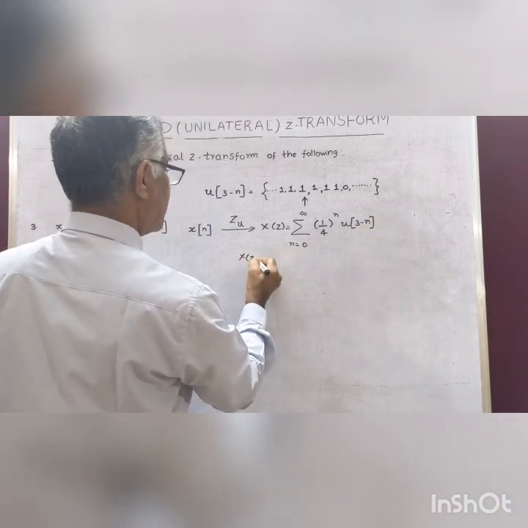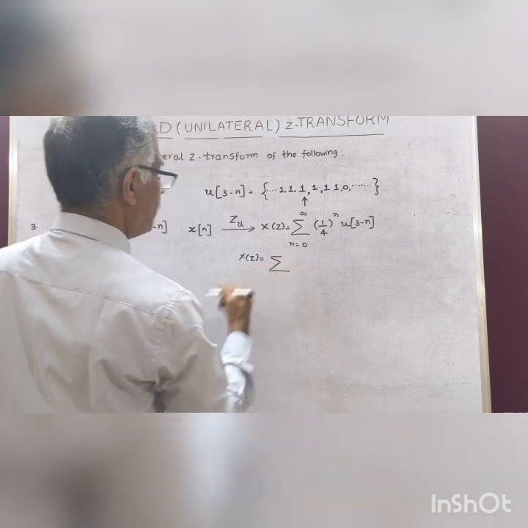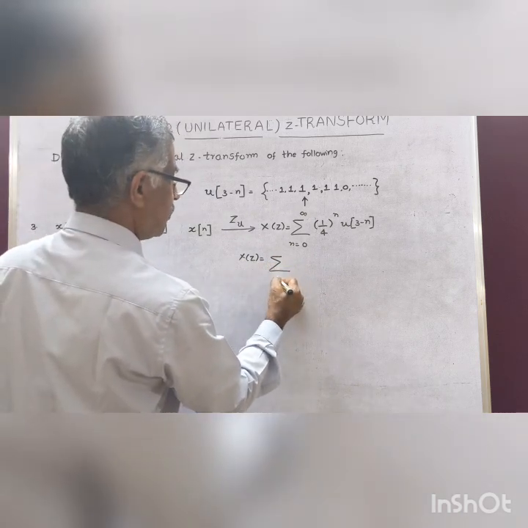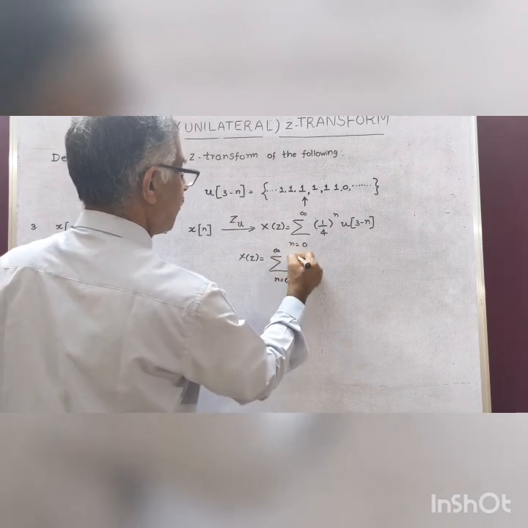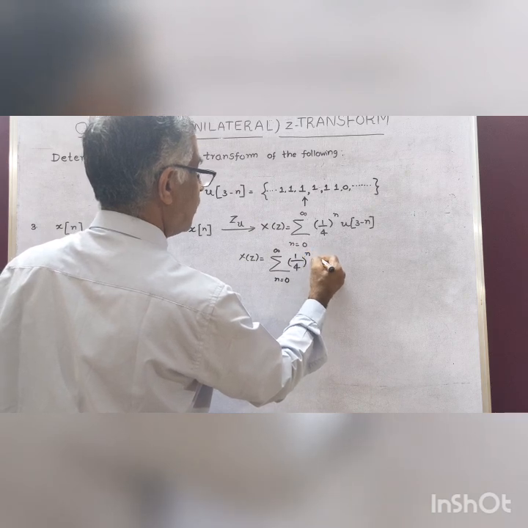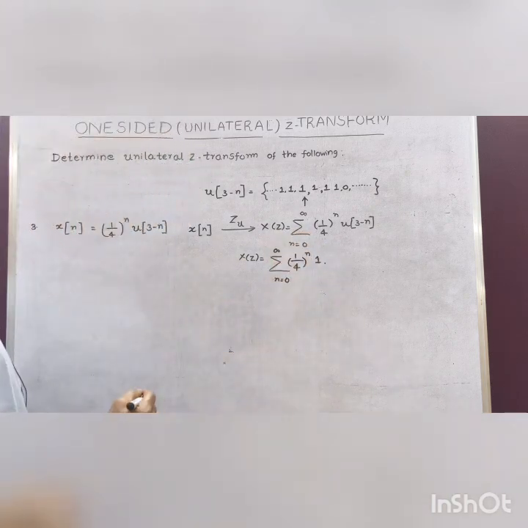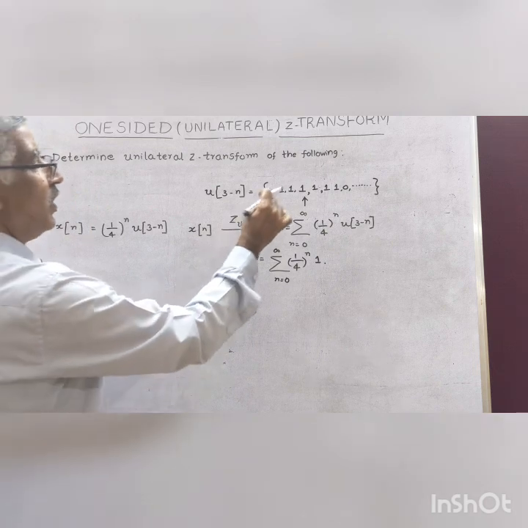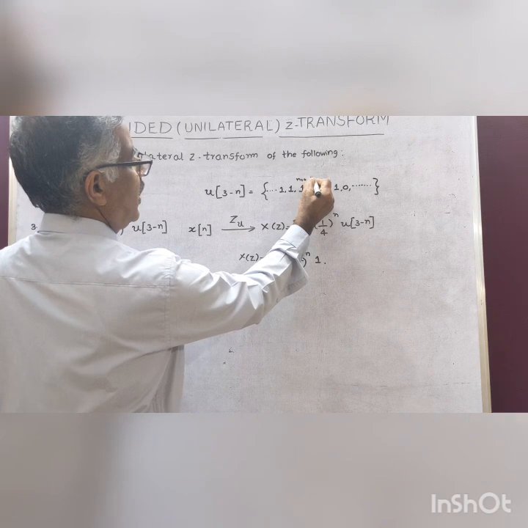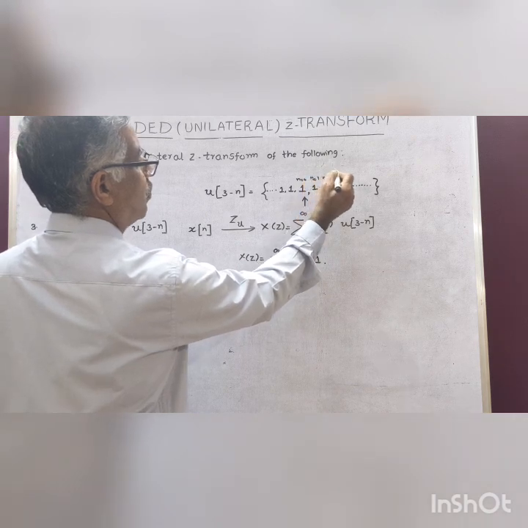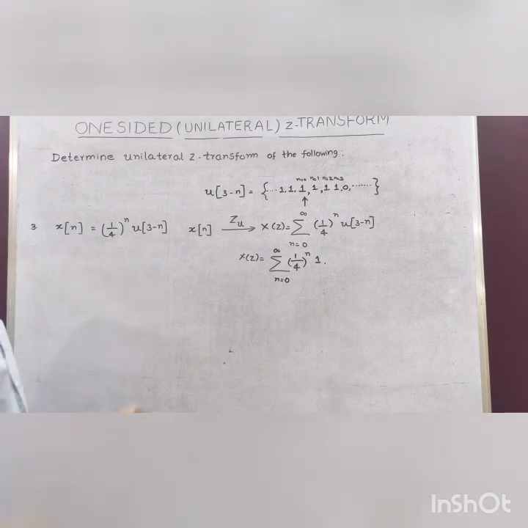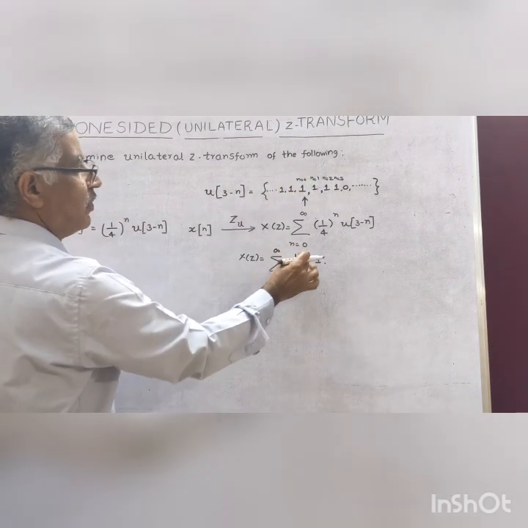Then x of z equal to summation n equal to 0 to infinity 1 by 4 to the power of n, and its value is 1. But only for these specific values, n equal to 0, n equal to 1, n equal to 2, n equal to 3. Only for these 4 values of n, its value exists.